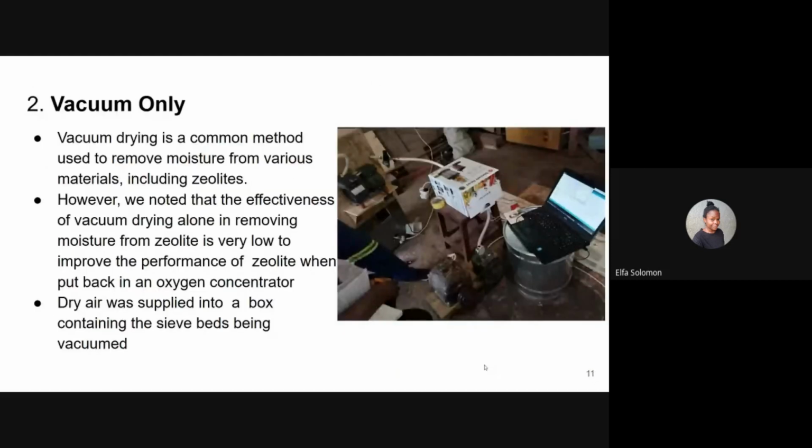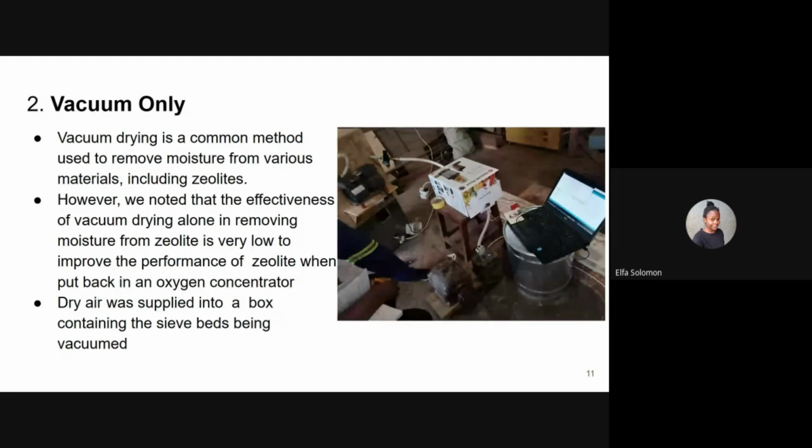Moving on, another approach was the use of vacuum. Vacuum drying is a common method used to remove moisture from various materials, including zeolite. In this approach, a vacuum pump was connected to one blade of the sieve base to suck out the moisture from the zeolite.